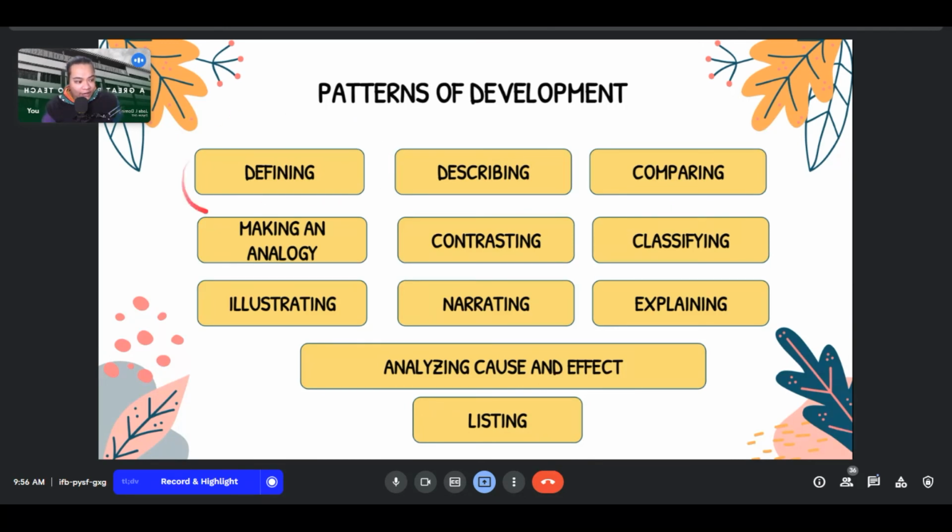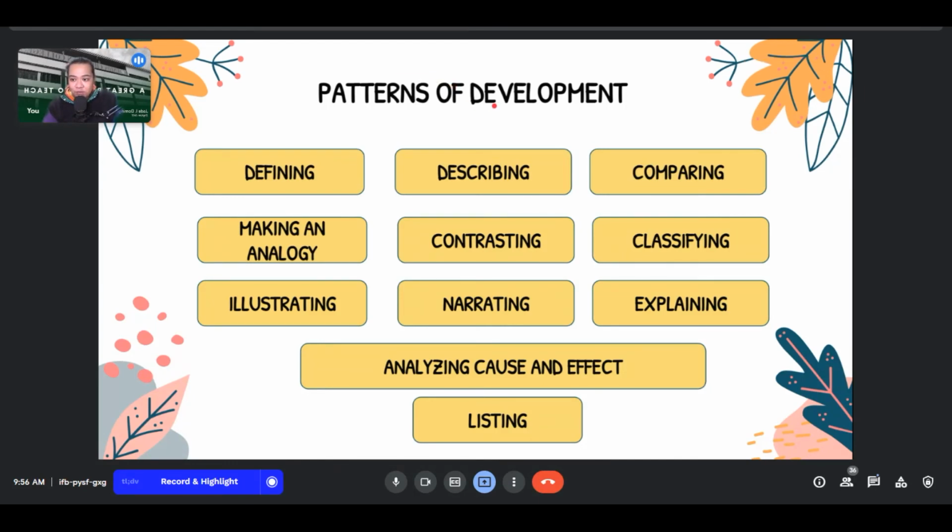So, first is defining. We already talked about that. Giving definitions and explanations to certain terms. Next is describing. Giving descriptions in terms of quality and in terms of quantity. Paano ko ba i-explain to?